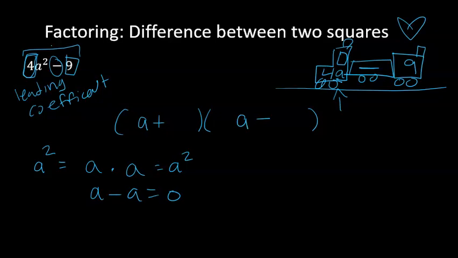But what about that 4? What do I do with him? So let's try our little system we've been trying. 1 times 4 gives me 4, but 1 minus 4 gives me 3, so I can't use that. What about 2 times 4?